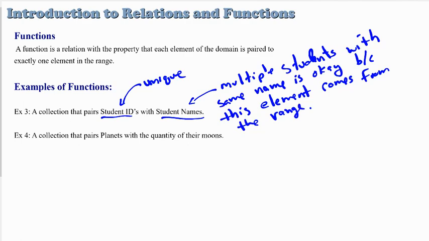So using the same value over from the range is okay. The domain must be unique.